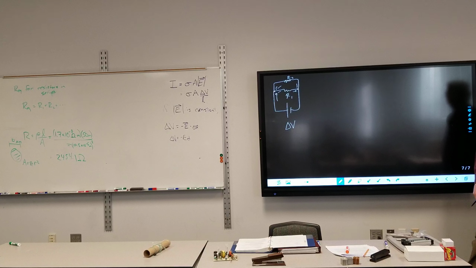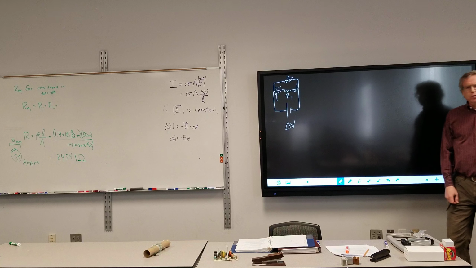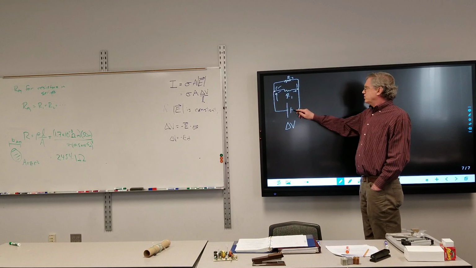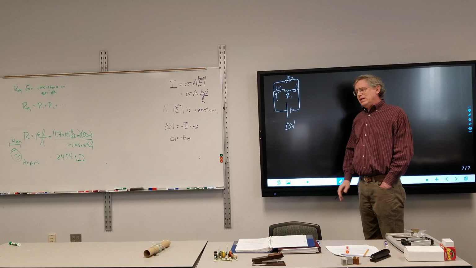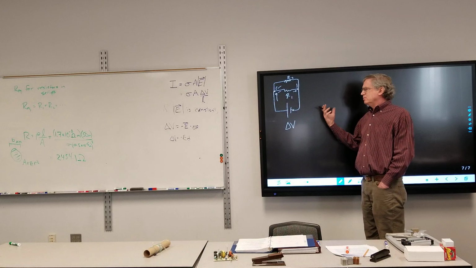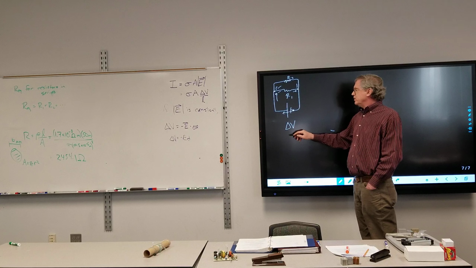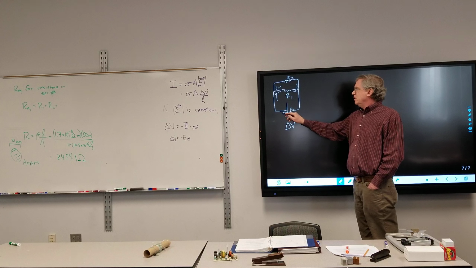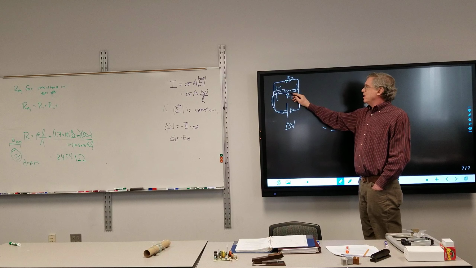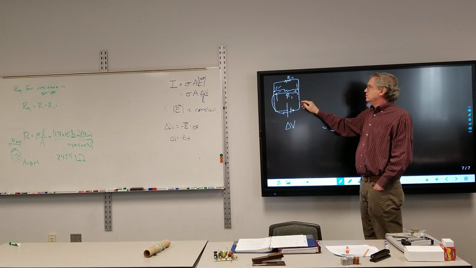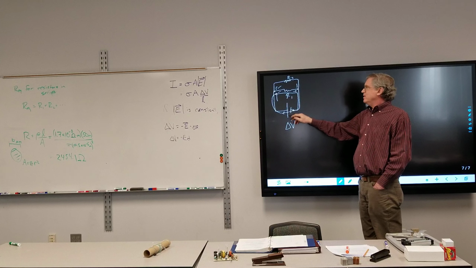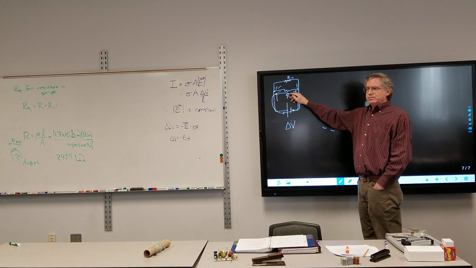I know that the voltage gains and losses in any loop has to be 0, so I'm going to start here. You can start anywhere personally. I prefer starting right before the battery. I'm going to gain voltage going across here of whatever delta V is, and then if I take this bottom path, I'm going to lose it going across here. So whatever gain this is, I'm going to lose just as much there.